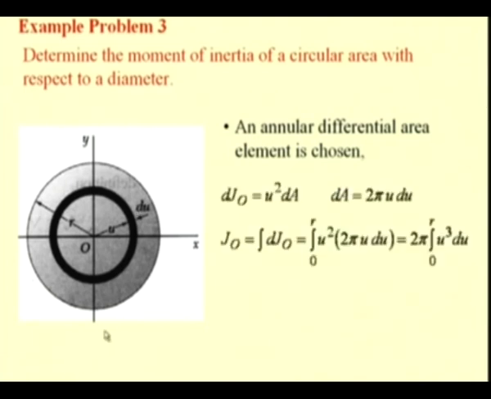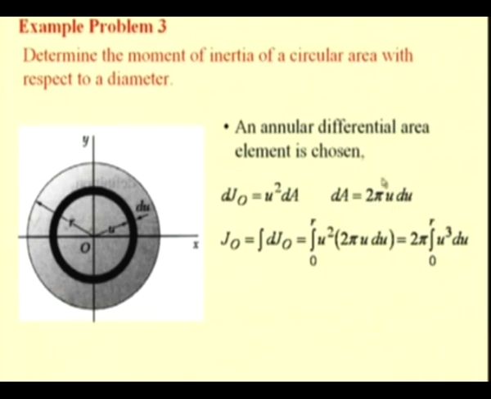So, the polar moment of inertia can be found by considering the moment with respect to the z axis of this element, that is u square, the distance of this element, square times dA, the area of this element, which is 2 pi r, in this case the radius is u, times du, or the change in the radius.